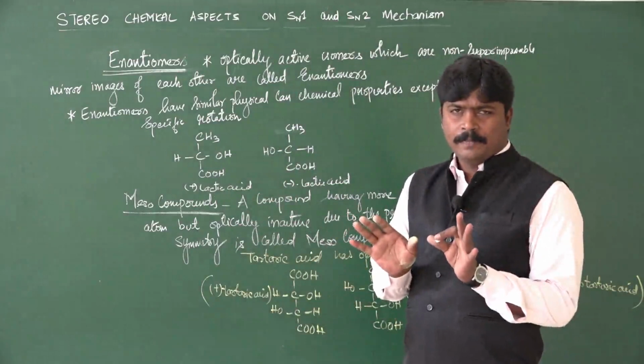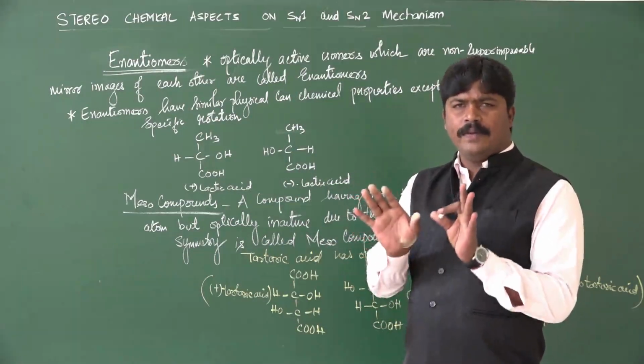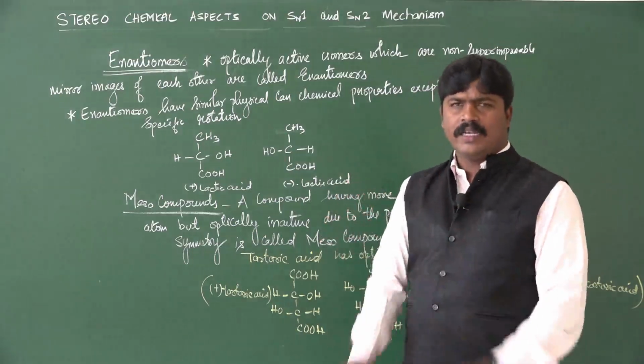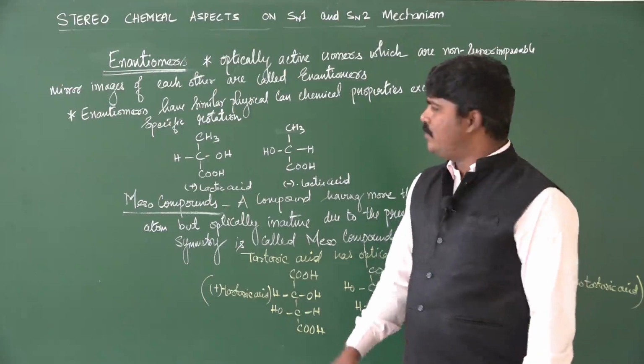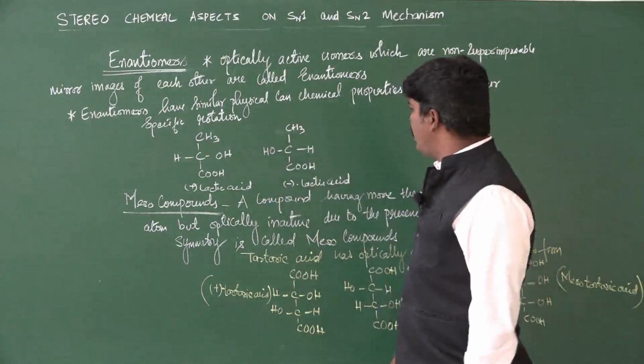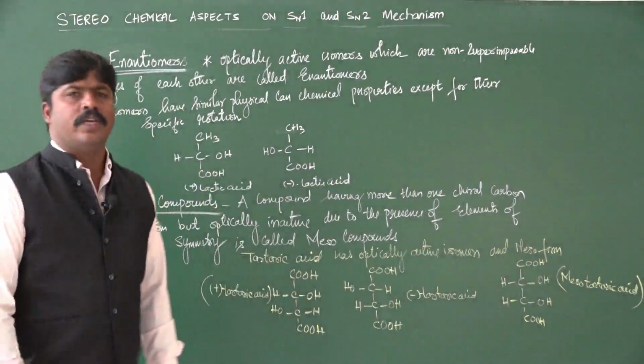Except this, all the physical and chemical properties of plus lactic acid and minus lactic acid remain the same. Therefore, we give a note here: enantiomers have similar physical and chemical properties except for their specific rotation.